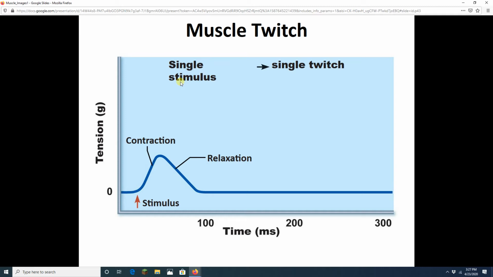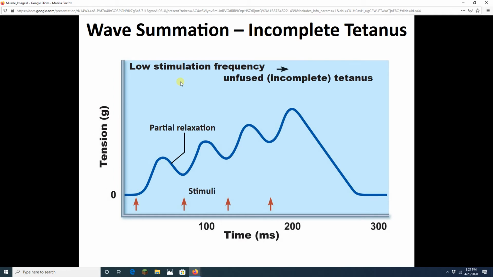twitch. But now I want to start changing things up. Now what I want to do is stimulate right here, have a twitch. So contraction, then we start to relax, and we relax, and we relax. And before we relax all the way, we stimulate the muscle again. We give it more acetylcholine, get more action potentials going.